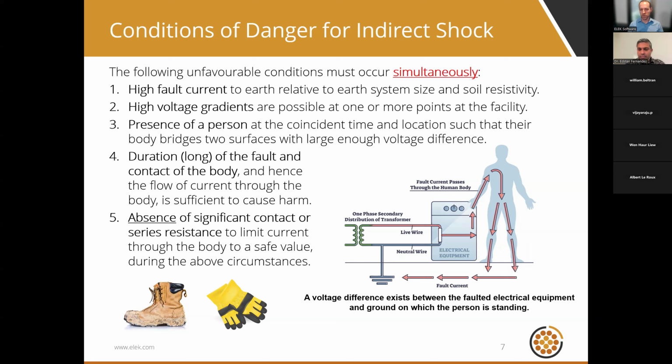If there's a fault entering an earthing system, that would cause high voltage gradients. There needs to be the presence of a person at the time, the duration of the fault, and the contact of the body part or the body of the person needs to be sufficient such that it could cause harm.